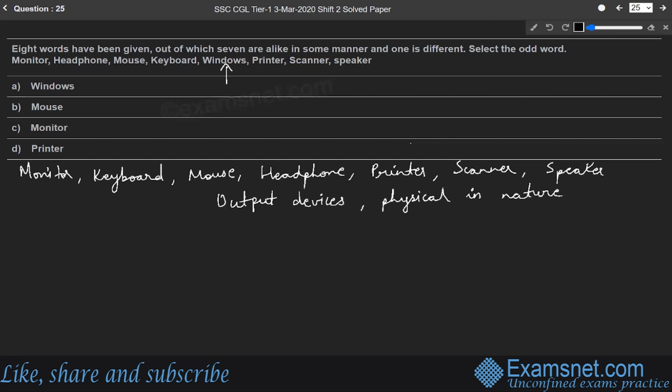But Windows is not a output device. Windows is an operating system and it is not physical in nature.